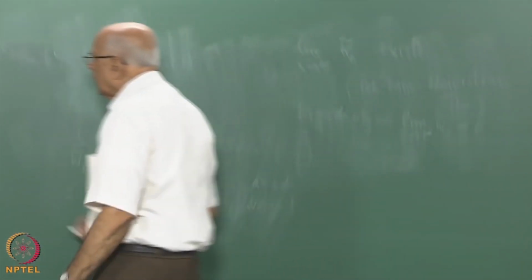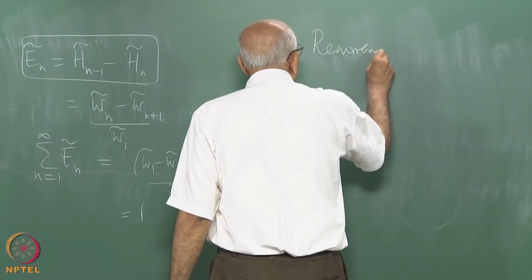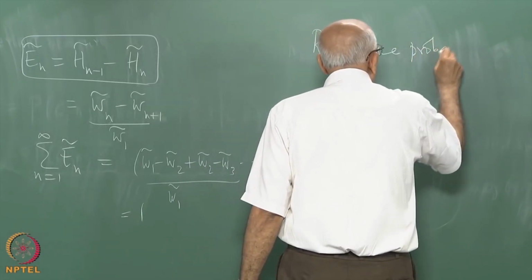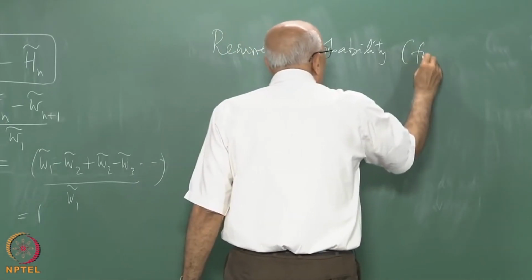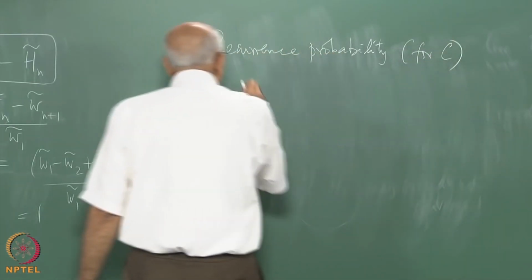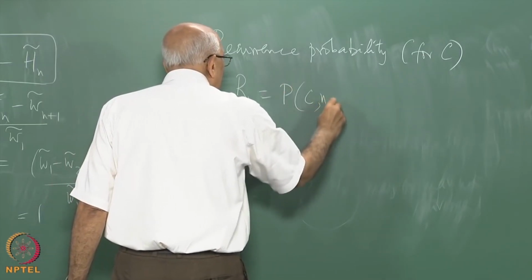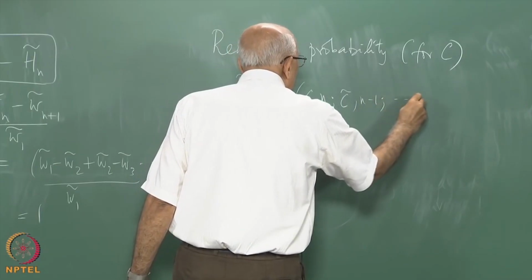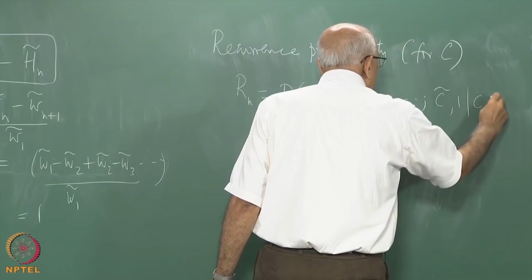I defined it by saying the recurrence probability for the cell C, R sub n, is P of Cn given C tilde n minus 1 through C tilde 1, C0.